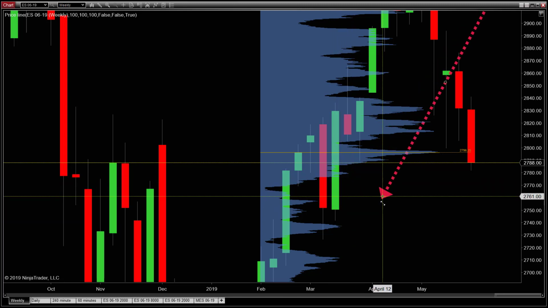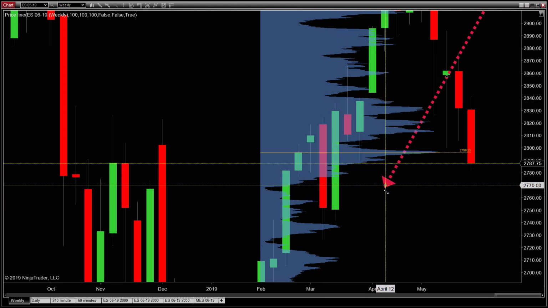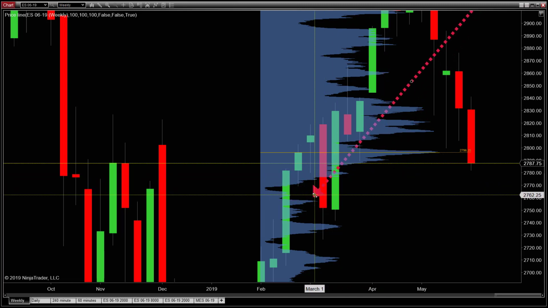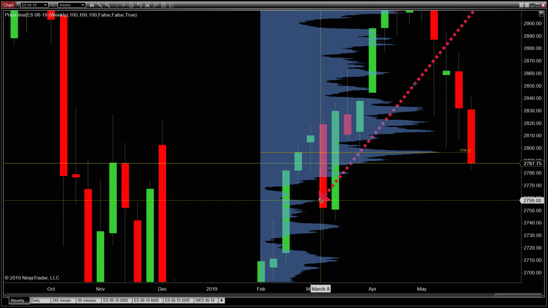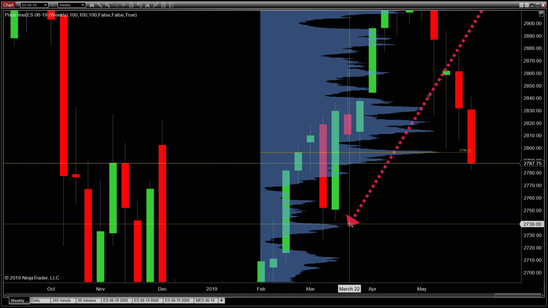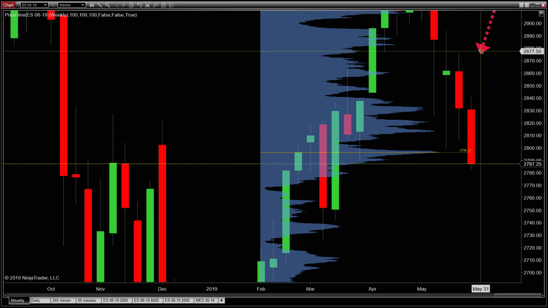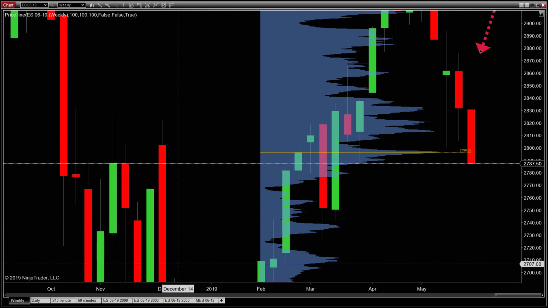So it could be a fast move down if we go back down below this node, just because there's a lack of volume in this area. You have a huge node down here at 2738, which I would definitely think would cause a big bounce, but I think it's totally outside of range today.